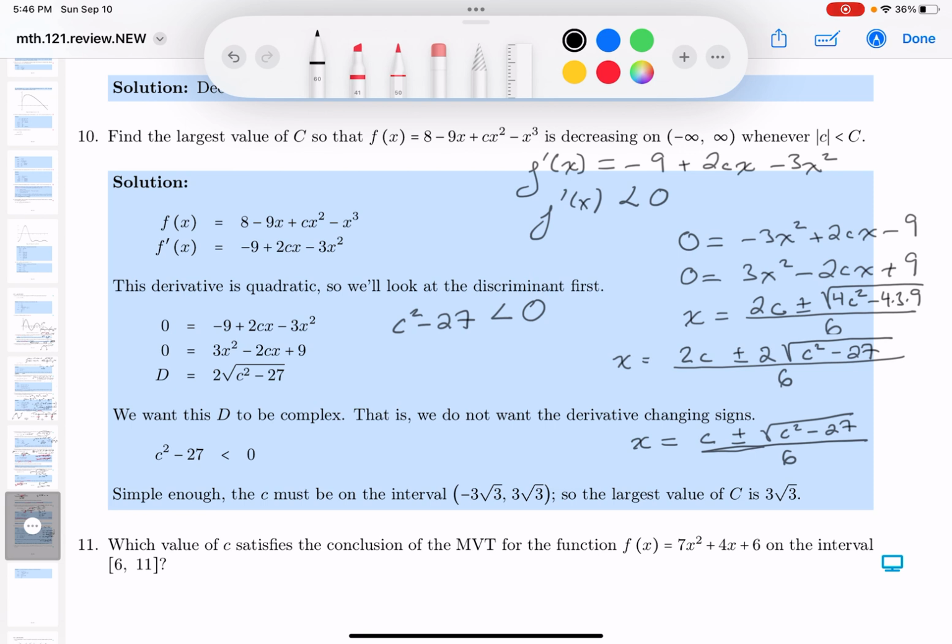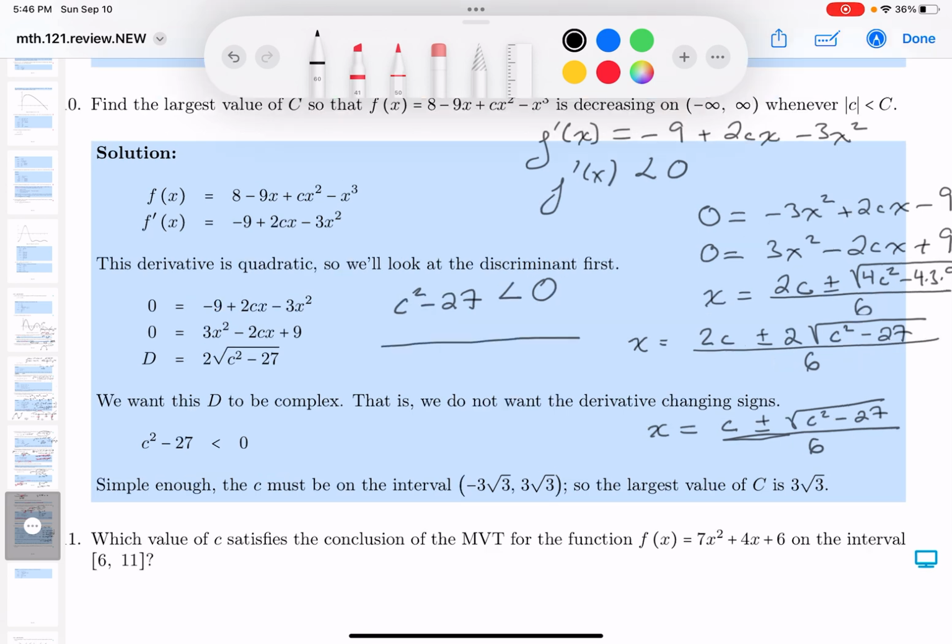Let me just think for a second. C squared minus 27. If that thing is below 0, this is going to be a complex root, which indicates the thing's either going to be positive above the x-axis or below the x-axis, all right? So what I'm going to do now is, this doesn't look too bad to do, by the way. So I know the two roots of that.